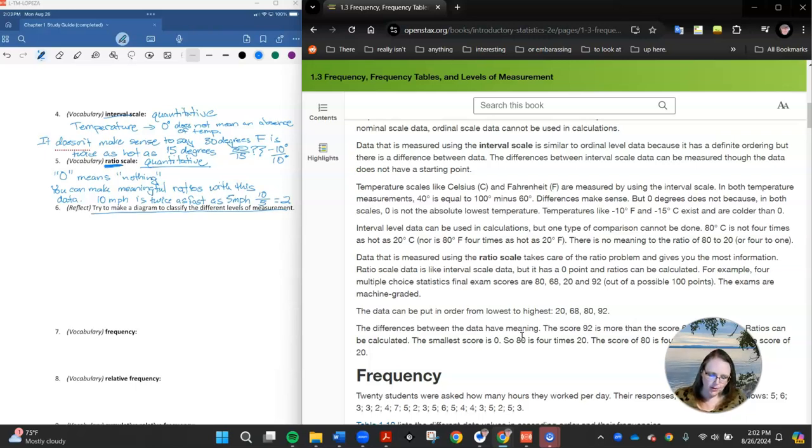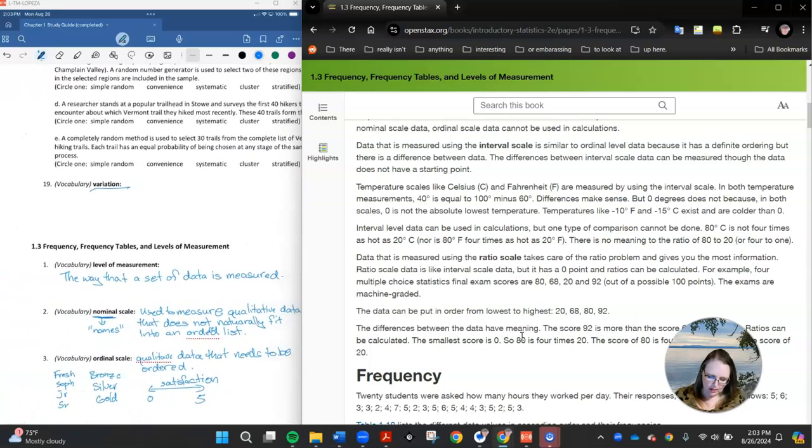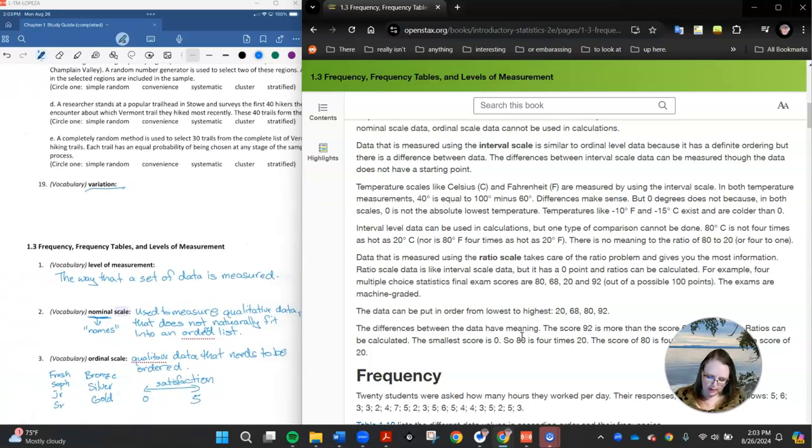So I start with the way that I like to think about it, and you can choose to think about it a different way. I'm going to put my qualitative data over here. I'm going to put my quantitative data over here. And if we go back to the words that they used, nominal goes with qualitative, and ordinal goes with qualitative.